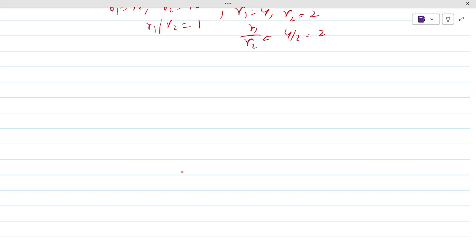So let's talk about the next part of the algebra, that is the equality of a complex number. That is also very interesting.